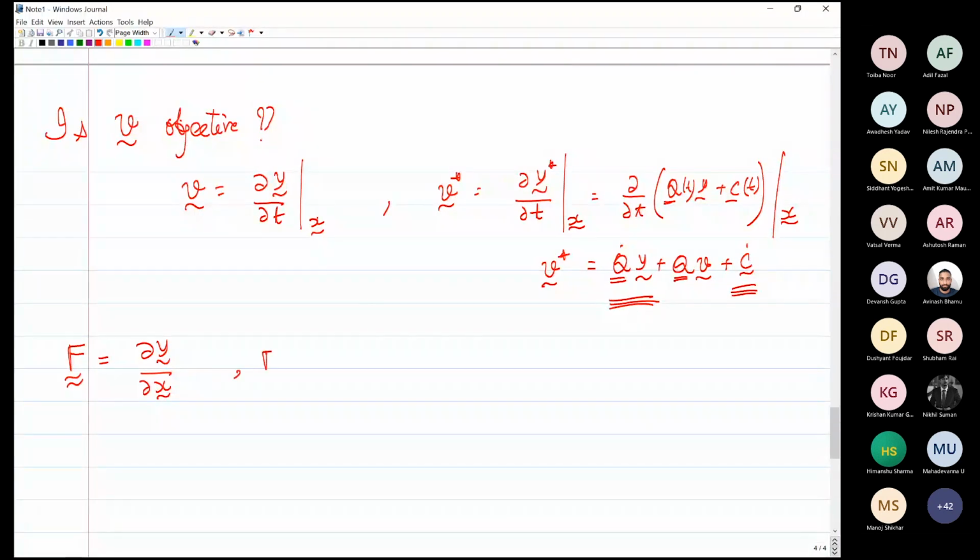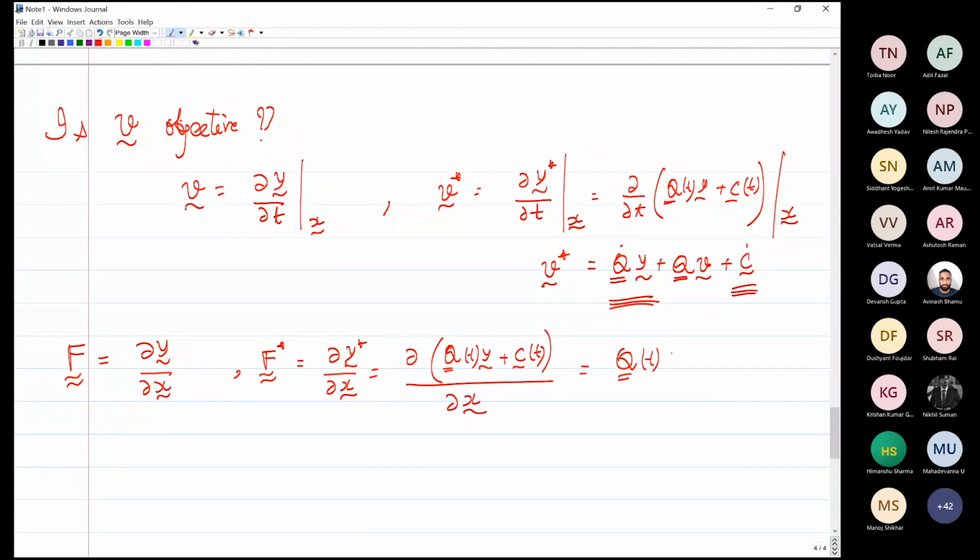What will be F star? That's del y star by del x. Put your y star, that's del of Qy plus c with respect to x, and then what you get is Q into del y by del x, which is F, and then del c by del x is 0.